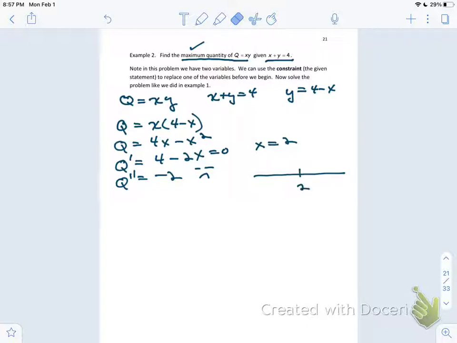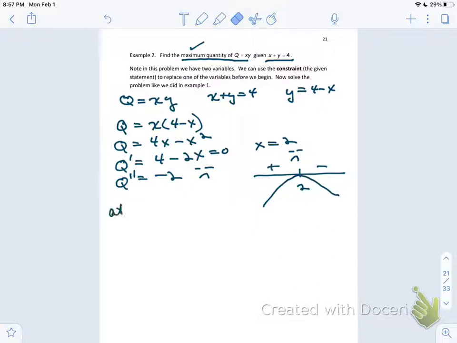If I plug in a 0 into my first derivative, I get 4 minus 0, which is positive. If I plug in a 3, I'm going to get a negative. I see the function is always going to be concave down. So therefore, this is the shape, and I do get a max at 2.